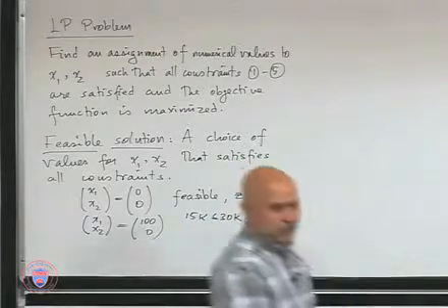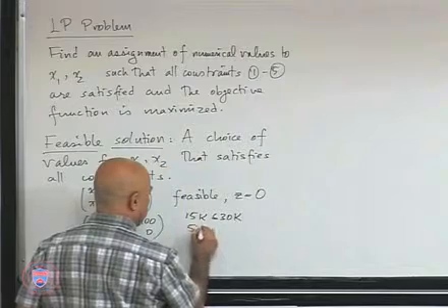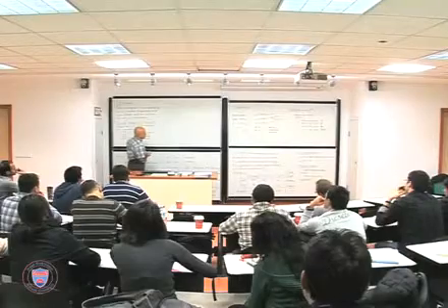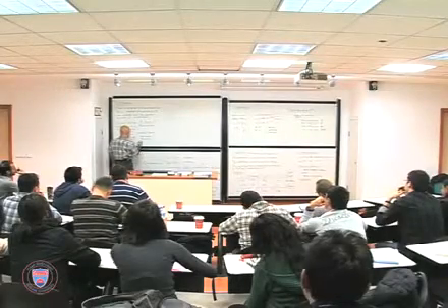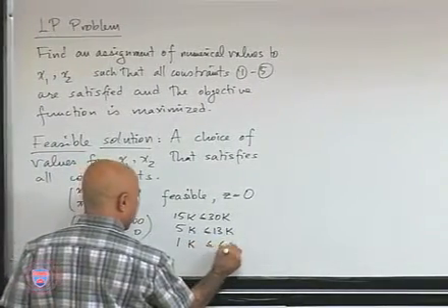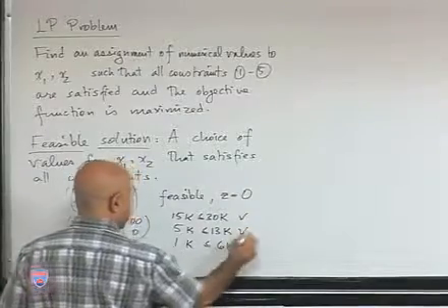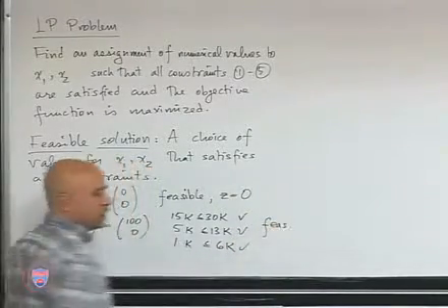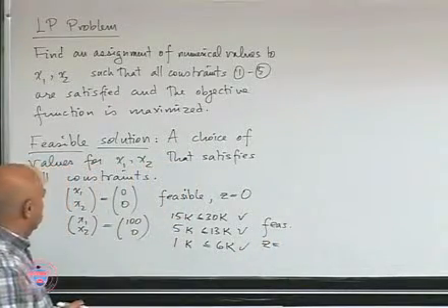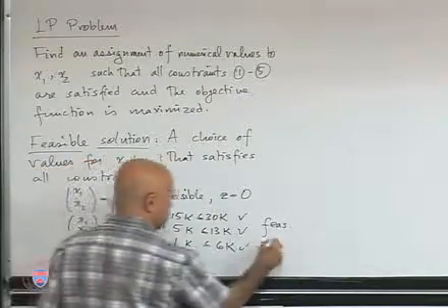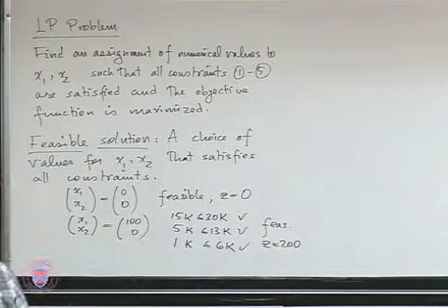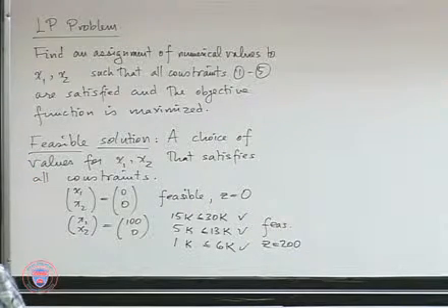That'll be 5,000, right? 5,000 less than or equal to 13,000. That's also satisfied. And the last one is 1K less or equal 6K. So all of them are satisfied. So this is also feasible. Okay? The profit value is how much? 200. All right.